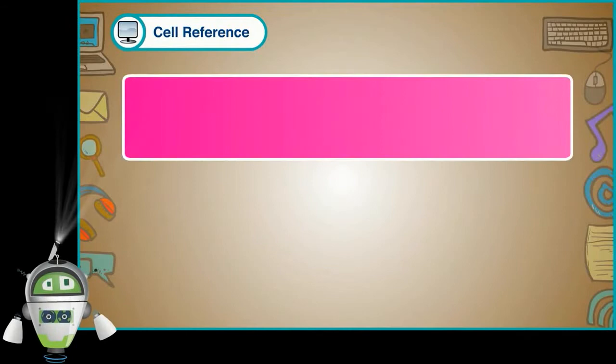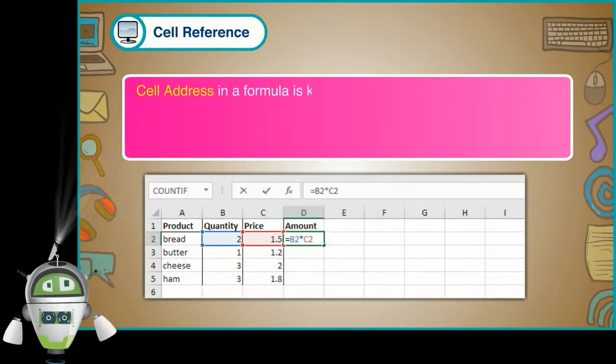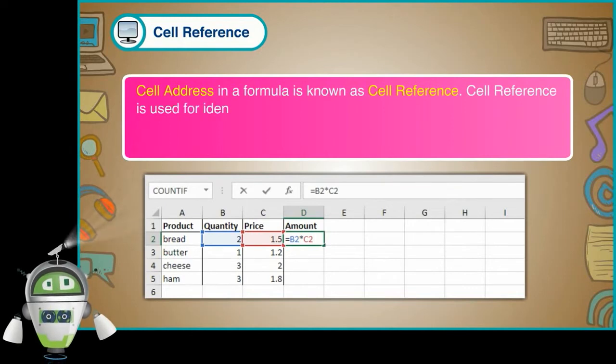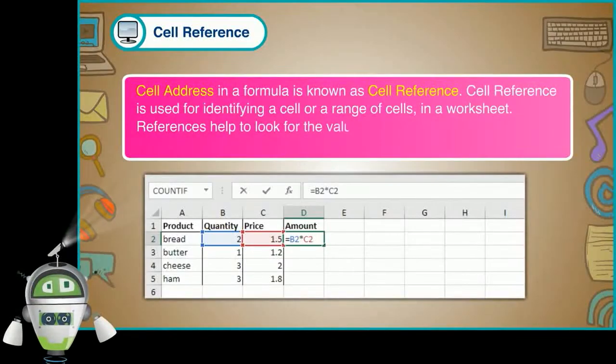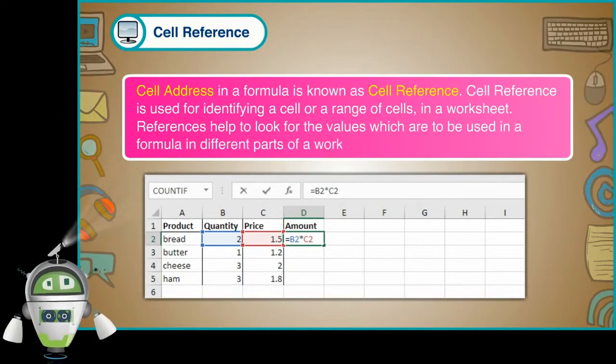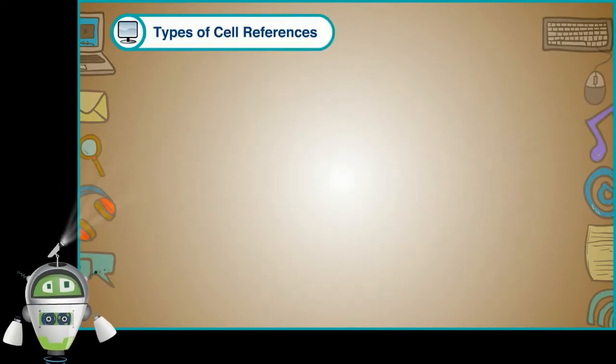Cell reference. Cell address in a formula is known as cell reference. Cell reference is used for identifying a cell or a range of cells. In a worksheet, references help to look for the values which are to be used in a formula in different parts of a worksheet. Types of cell references.